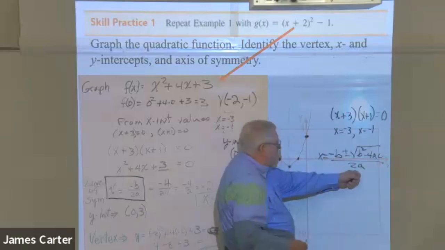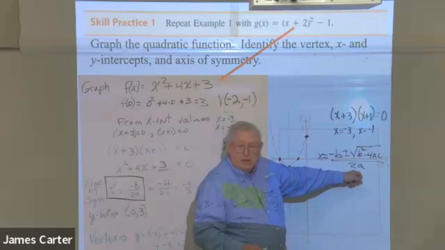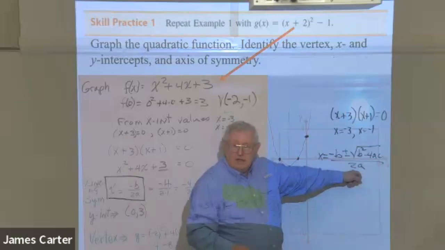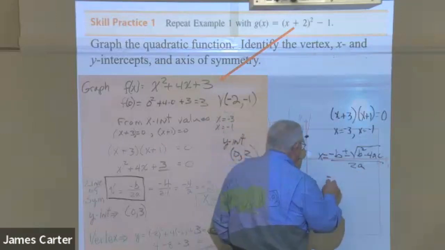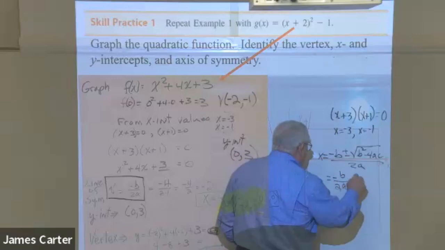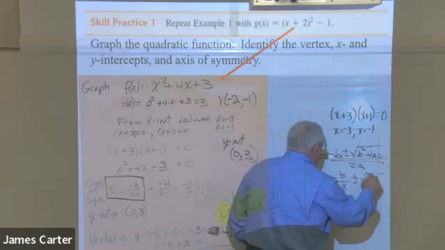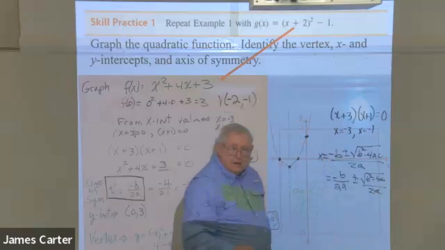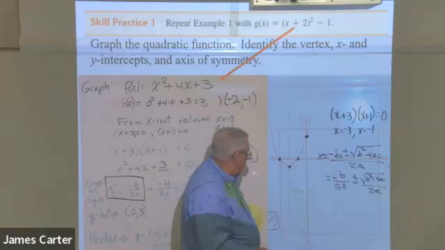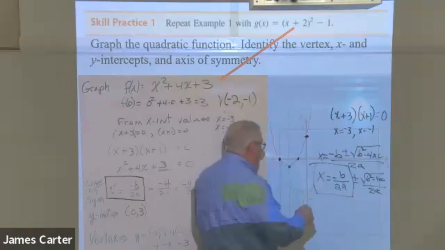Well, we've had fractions before where we split this thing up to make it look like this: -b/2a plus or minus the square root of b squared minus 4ac over 2a. That kind of thing. Look at what we've got here.